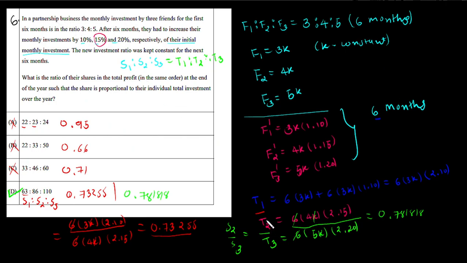In the same way we can find the amounts for the second and third friends, and the ratio T1 to T2 to T3 gives this number. We can also check from the options. So option D is the correct ratio for the share of these three friends.